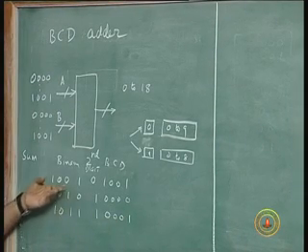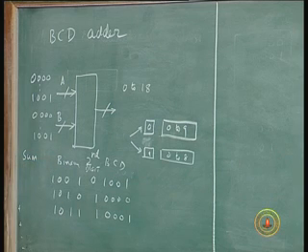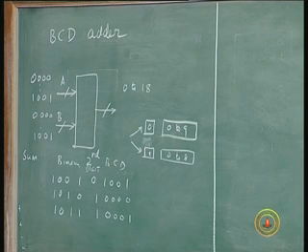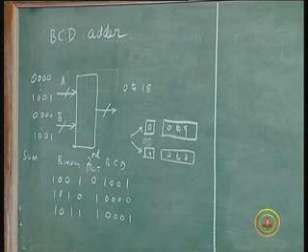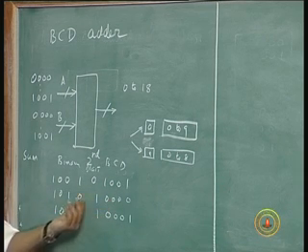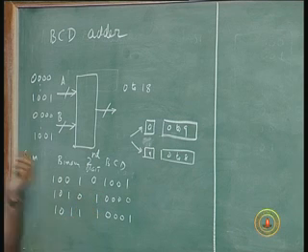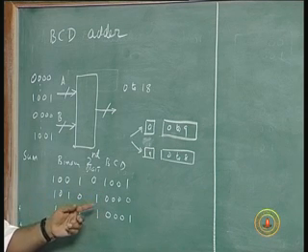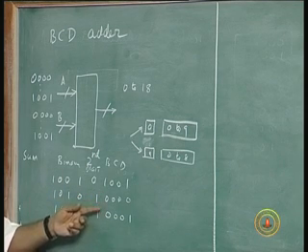So if I add beyond 9, for 10 and above, all I have to do is add a 6 to the output. If I add a 6 to the sum beyond 9, I will get my true representation in BCD form. This I can represent separately by an LED, saying that when it glows it is more than 10, when it does not glow it is less than 10.